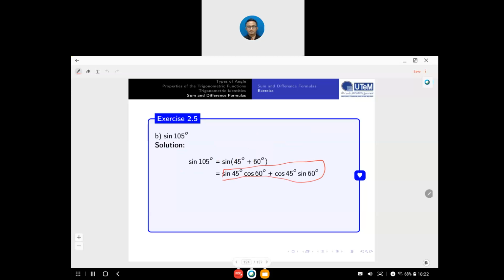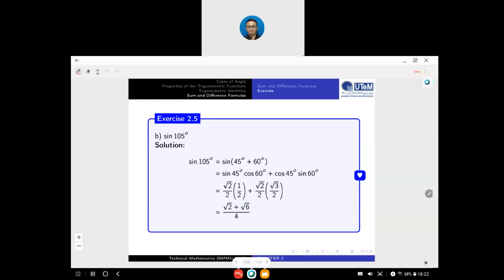So you find sine 45, cos 60 plus cos 45, sine 60. Then you get the values. After you get the values, solve directly. Remember this is multiplication: top multiply top, bottom multiply bottom. So you can get (root 2 plus root 6) over 4. This is for question B.